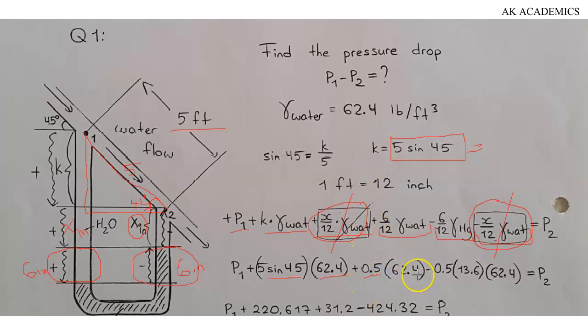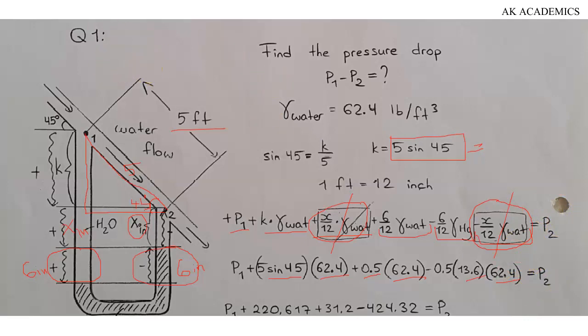You leave that here as 0.5. Specific weight of water is 62.4 minus 0.5 multiplied by specific weight of mercury. And specific weight of mercury would be equal to the specific gravity of mercury, which is 13.6, multiplied by specific weight of water. Okay, that's what we do have here, and then you equate everything to P2.